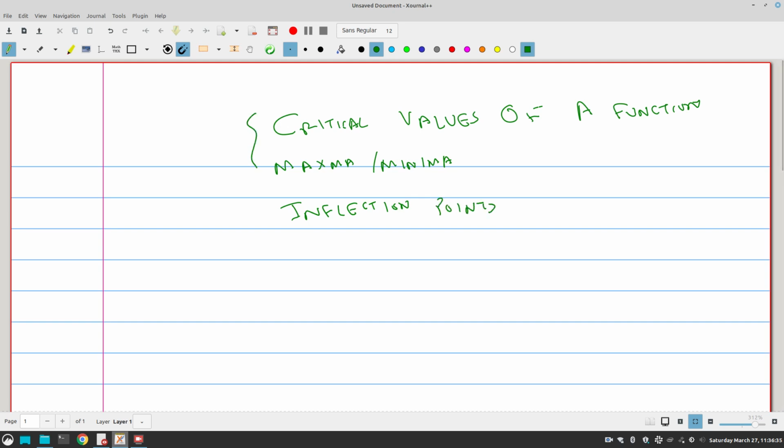All of this was in the context of single variable calculus. The functions you dealt with were functions of one variable.